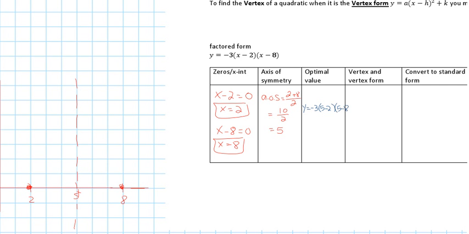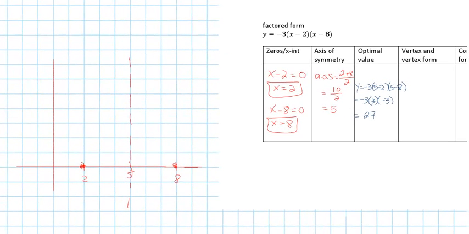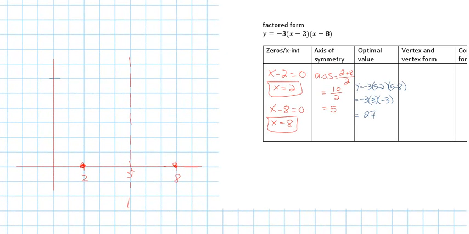So that's going to give me -3 times 3 times -3, which is 27. So my optimal value is 27. So this is where my vertex is.